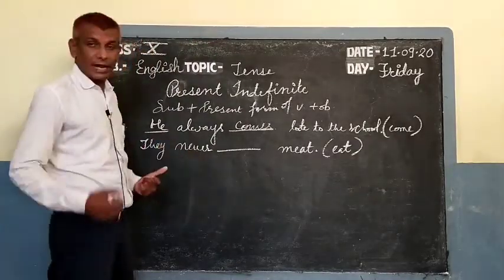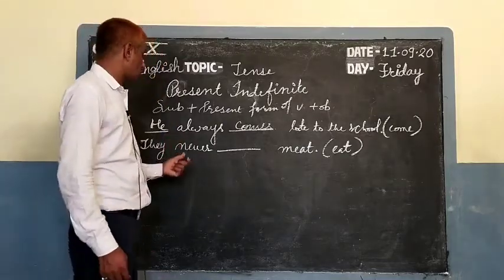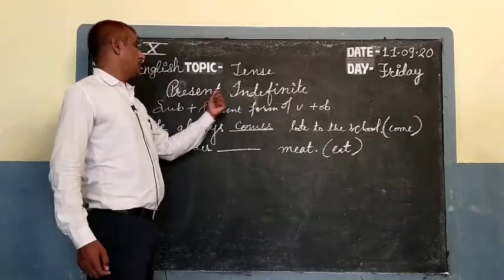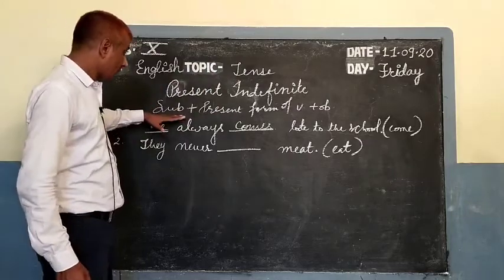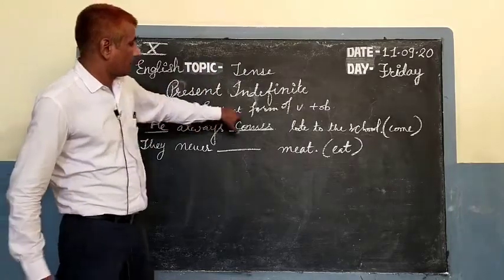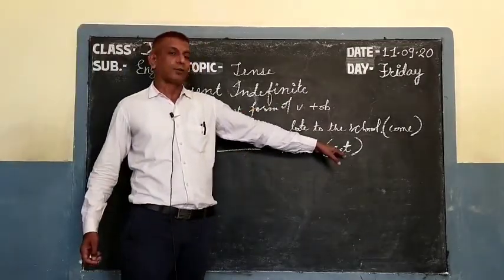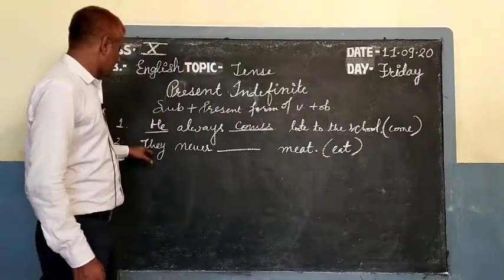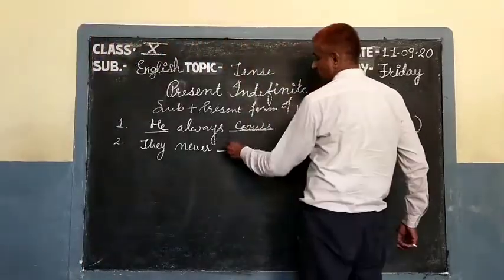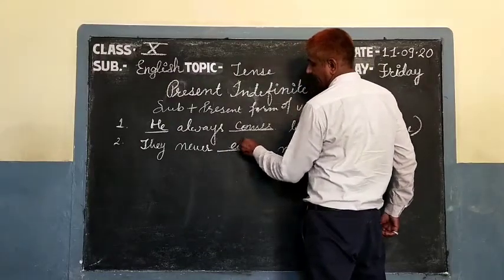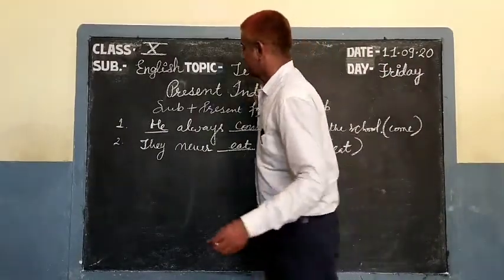There is never, which I told you is an identification word. According to never we will use present indefinite, and according to present indefinite we use subject plus present form of the verb. So we use the present form of eat, and with they we use the plural form. So we write: They never eat meat. This is your sentence.